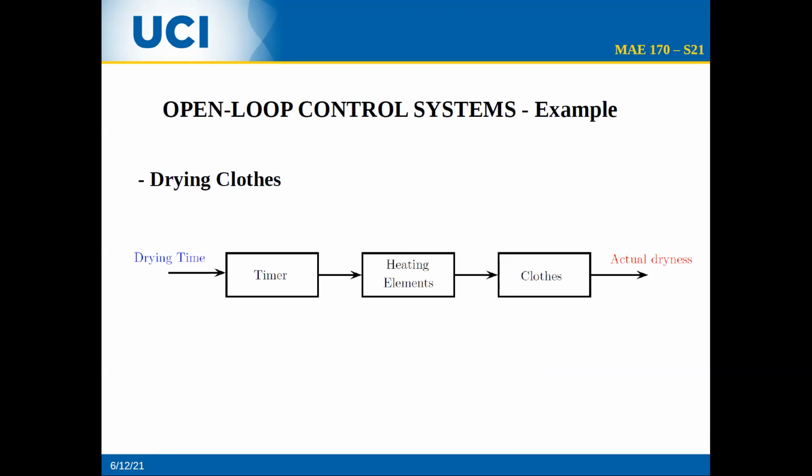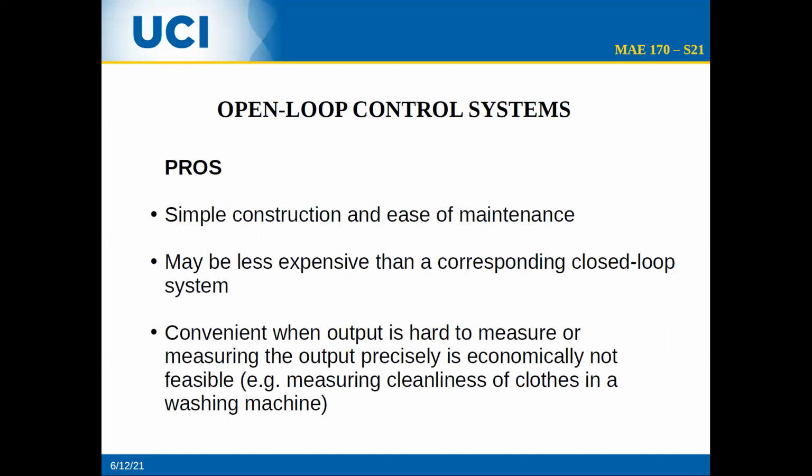All right, well, drying clothes can also be thought of as an open loop control system, where we have the timer, heating elements, and the clothes are the process, the thing that you want to dry. What are the pros of open loop control systems? Well, they are of simpler construction, and it's easier to maintain them.